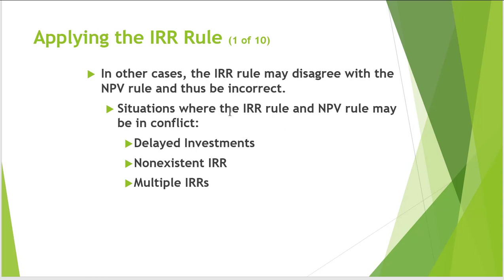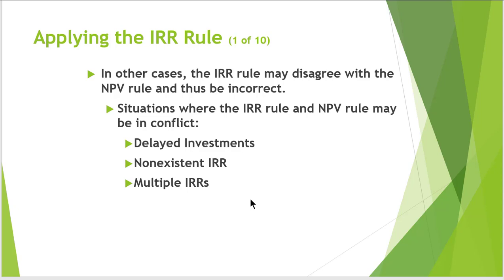So what are these cases? Well, the three basic times that net present value will not agree are with delayed investments, if there's a non-existent internal rate of return, and if there are multiple internal rates of return.